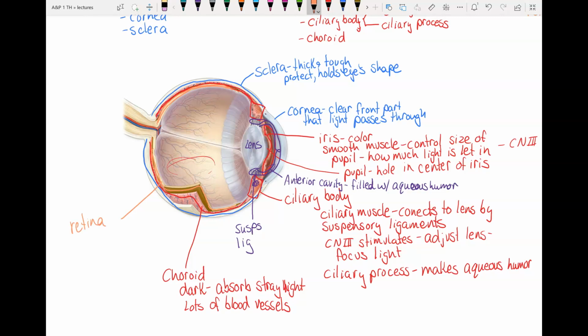The retina is the part of the eye that sees. It has your photoreceptors, and you have two types of photoreceptors, rods and cones. These are what respond to light and send signals to the brain.